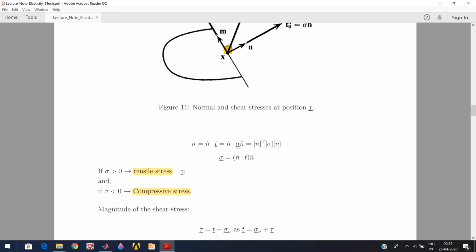Whereas the shear stress, whether it is positive or negative, has the same behavior. It will try to shear off the two surfaces. The positive or negative will alter if I have a different coordinate system. So that's why the sign of shear stress is not that important as compared to the sign of normal stress components.